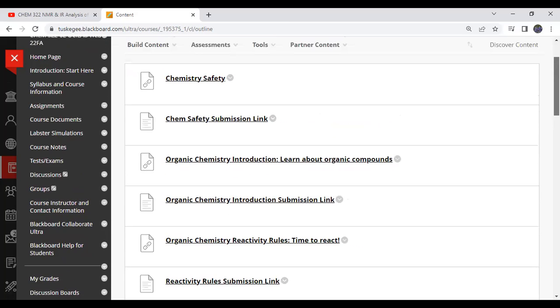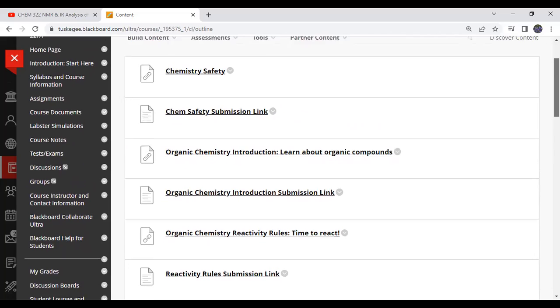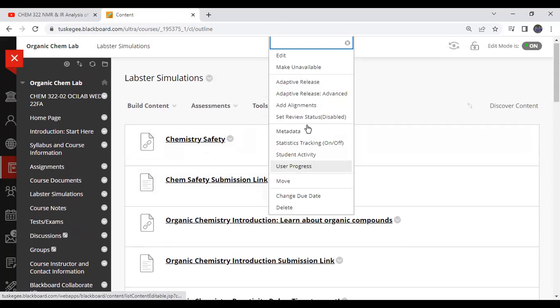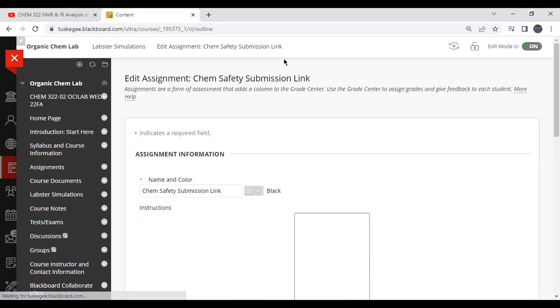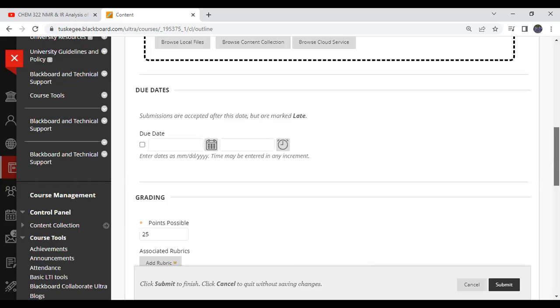Which lab was it that you were trying to submit the certificate for? Chemistry safety and organic chemistry introduction. All right, hold on. Let me just add a second attempt. Yeah, I can't remember. I'll go back and I'll pull up the announcement in a second because I think that I sent that value out.